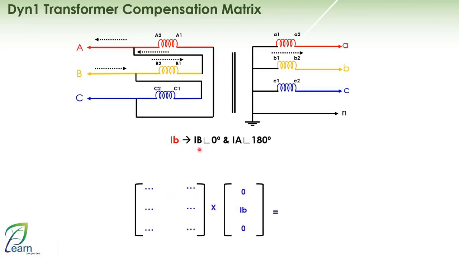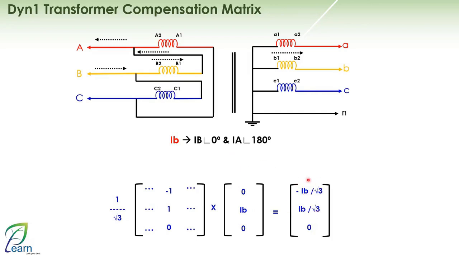As we agreed, I have phase B at a 0-degree angle, so I put 1 here, and I have phase A at 180 degrees, so I put -1 here at the top, and phase C I put at 0. Don't forget 1 over the square root of 3, so I have 1 over the square root of 3, -1, 1, 0. Therefore, if I multiply this together, I will find negative AB over the square root of 3 plus AB over the square root of 3 and 0.